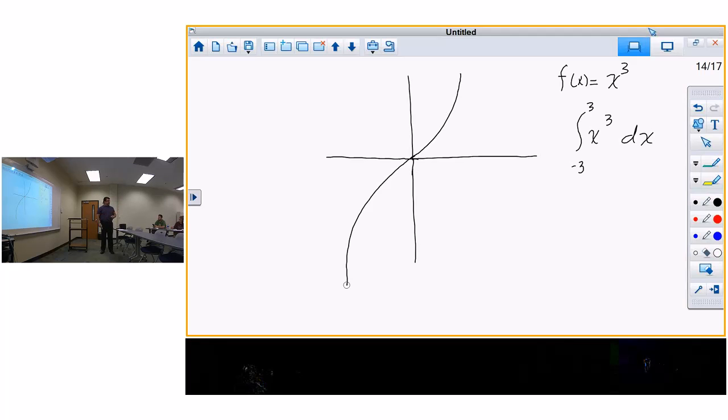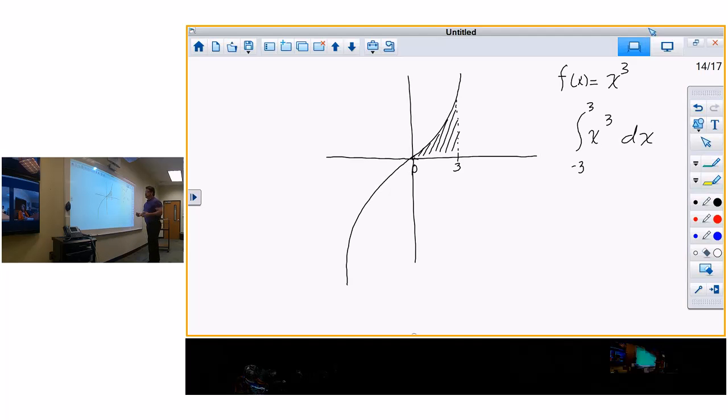Now, how'd you know that? Since it is symmetrical, he said, just do 0 to 3 and multiply it by what? 2, because what is the distance between 0 and -3? 3.